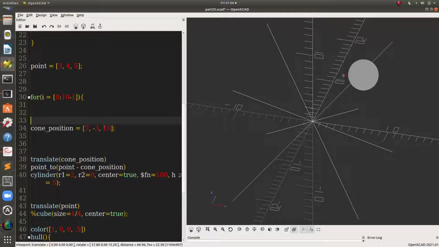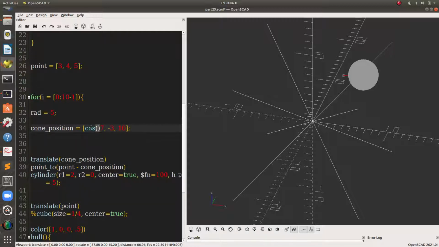Oh no, I need this to actually be the right thing. Okay, no, I need math. So rotation around the z-axis. Here we go.